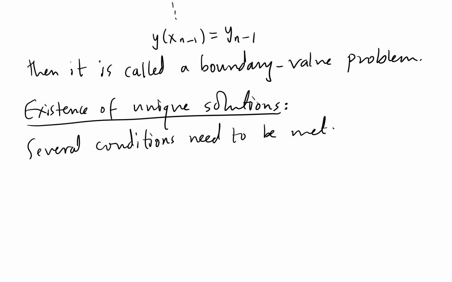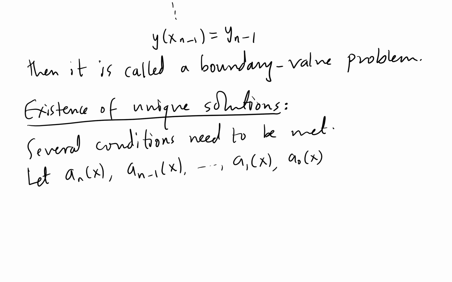We let all the ones I mentioned earlier, a sub n minus 1 of x, and so on, a1 of x, a sub 0 of x, these coefficients, and including the function on the right side, g of x, all be continuous.